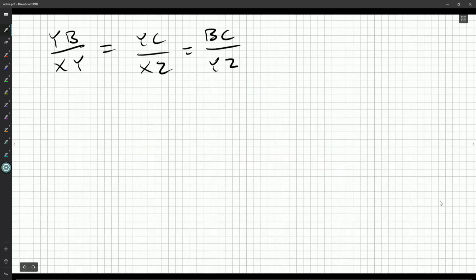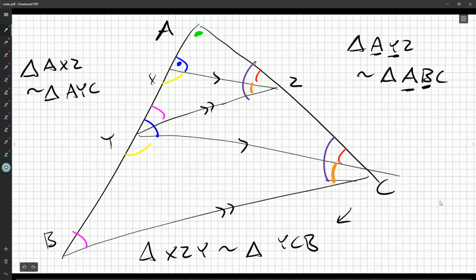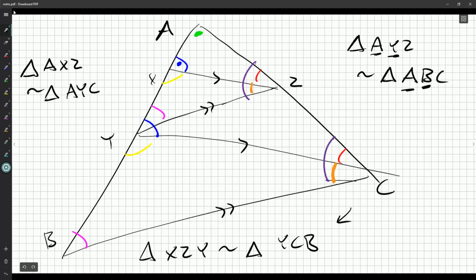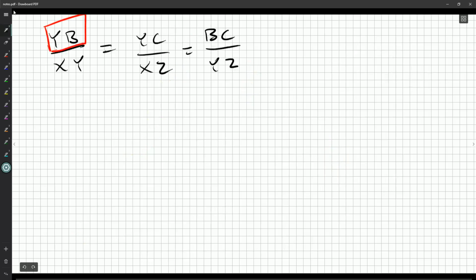So this all comes from this expression down here, and I want to keep an eye on YB because that's the length that I want, and that's what we're looking for at the end.